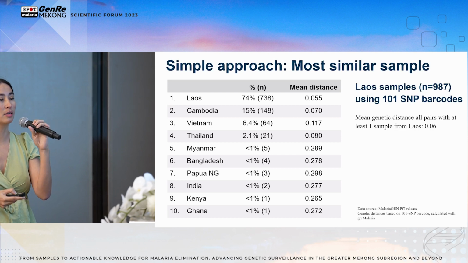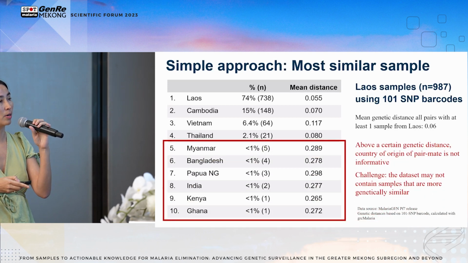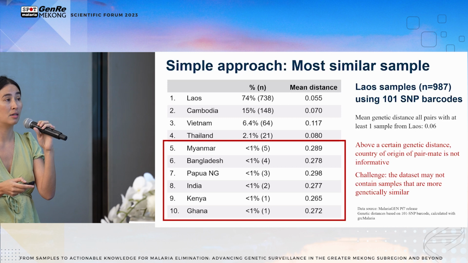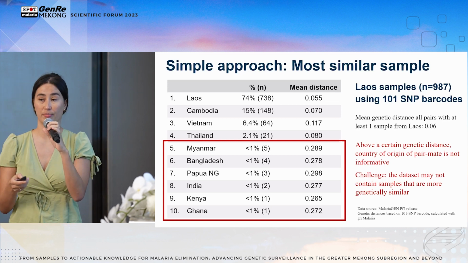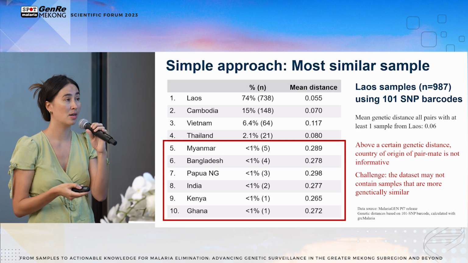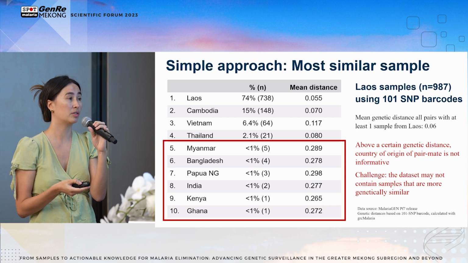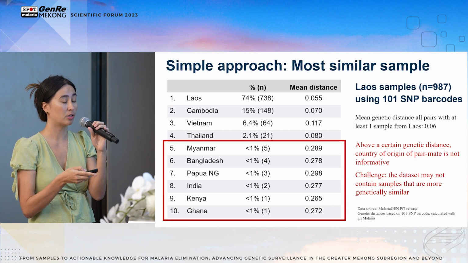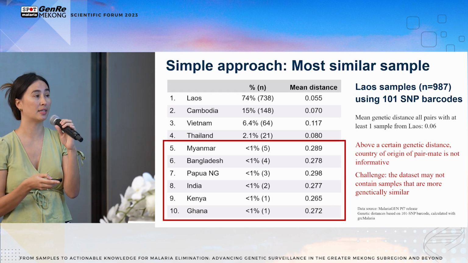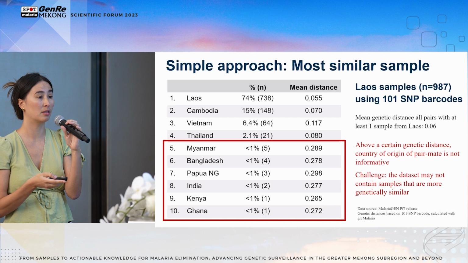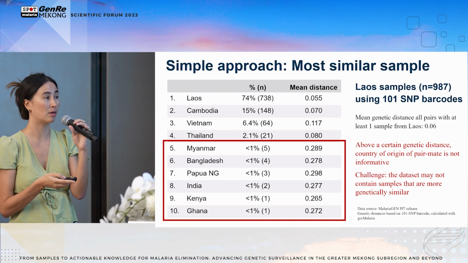So when using the 101 SNP barcode, maybe above a certain genetic distance, the country of origin of your pair mate is no longer informative. We could have a look at whether it would be possible to set such a threshold. And also there might be a challenge if the dataset does not contain samples that are more genetically similar.